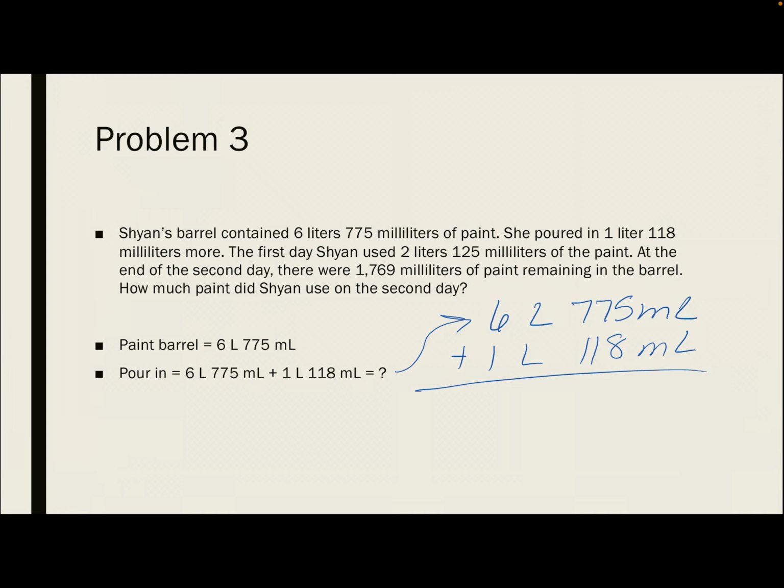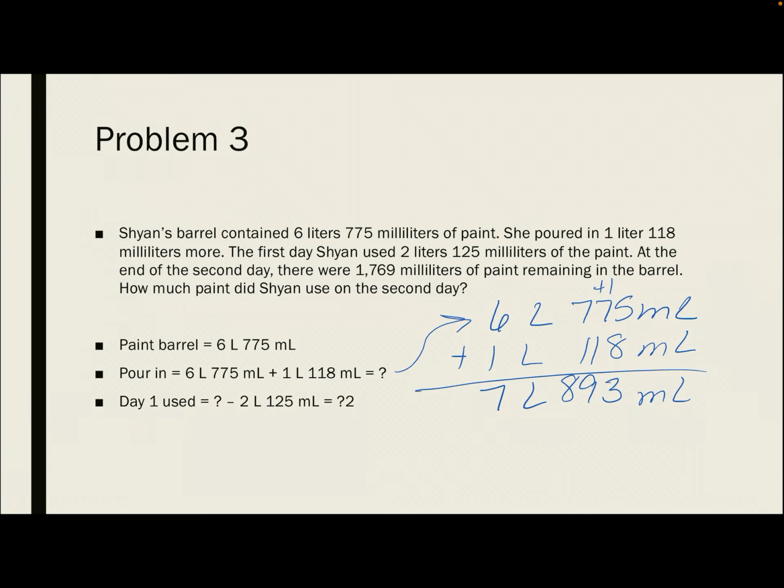Let's just go ahead and add that together so we can get our total amount. This is 13, so carry the 1, 9, 8, and 7. So the paint barrel, after she poured in the extra amount, was 7 liters, 893 milliliters.